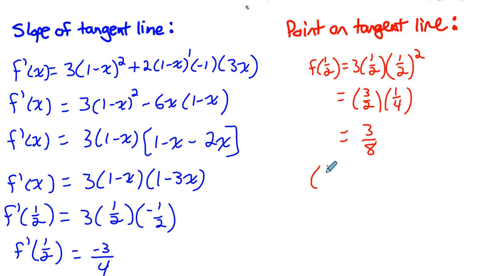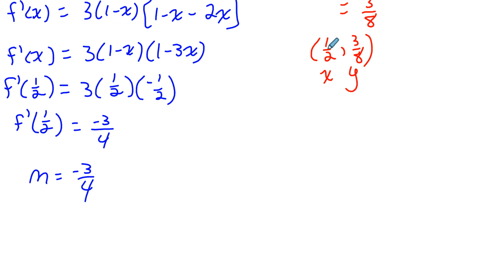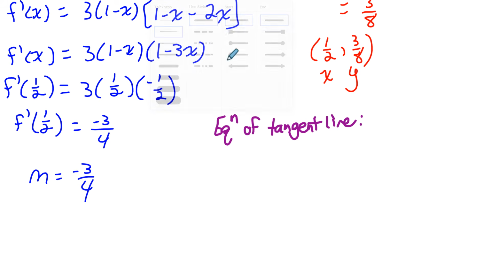So the point on the function is a half, 3/8. That's an xy point. And now that I have an xy point and a slope, I can find the equation of the tangent line by solving for b. The equation of any line is y equals mx plus b.